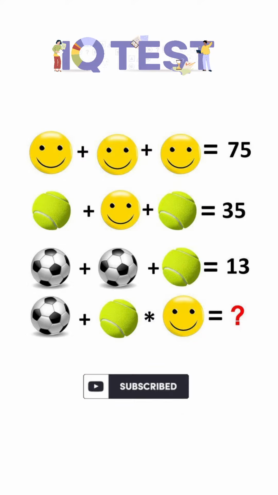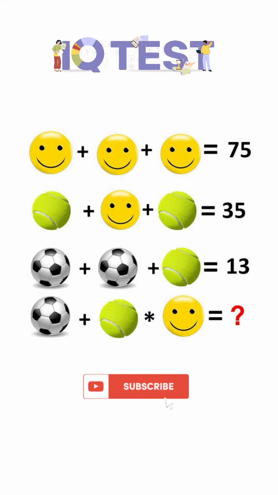So we have 3 smiling emoji is equal to 75. So you are getting 129.